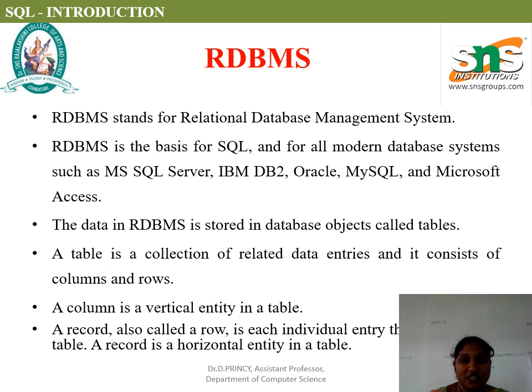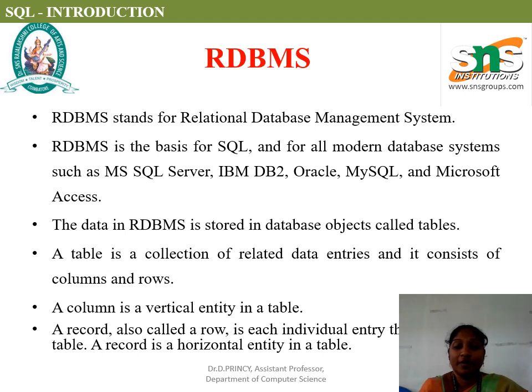Relational Database Management System is shortly known as RDBMS. It is the basis for SQL and also for modern database systems such as MS SQL Server, IBM DB2, Oracle, MySQL, and Microsoft Access. The data in a Relational Database Management System is stored in database objects called tables.